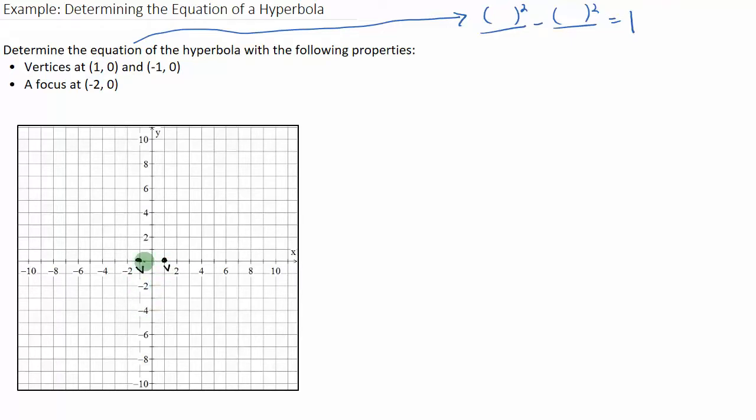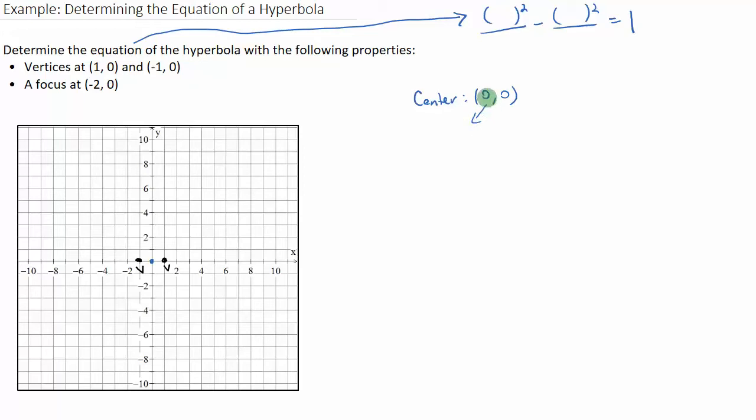And I know that hyperbolas are symmetric, so I can get lots of information immediately from this. For one, I can tell that the center is exactly between those. So my center is at the ordered pair 0, 0, which means in my equation, if this were 2, I would have x minus 2 squared.